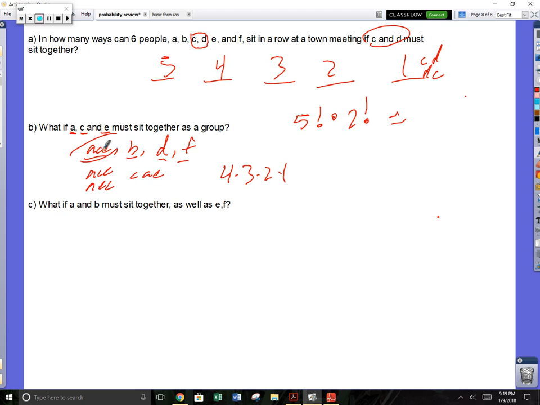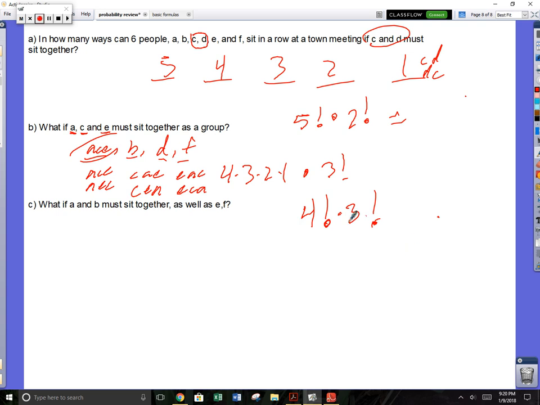If you have 3 letters, you are going to times that by 3 factorial, which is 6. There's going to be 6 different ways you can arrange A and C and E. I can go CEA. I can go EAC, ECA. So I'm going to go, the math is 4 factorial, times that by 3 factorial.